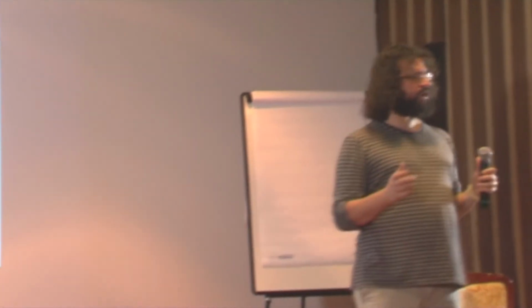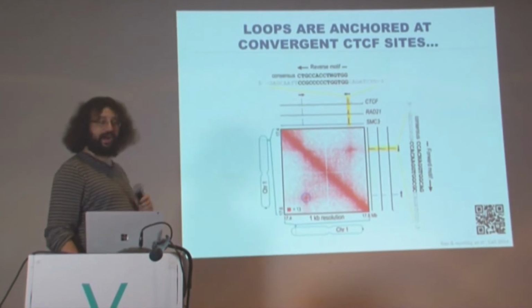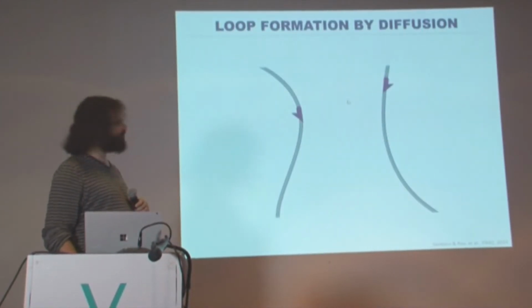So that means that if I have a pair of CTCF sites, they can either both be bound in the forward orientation, both be bound in the reverse orientation, be bound pointing away from one another, which we call the divergent orientation, or the motifs can point towards one another, which we call the convergent orientation. The striking thing is that when you look at the CTCF motifs bound to a particular loop, overwhelmingly they're bound in the convergent orientation.